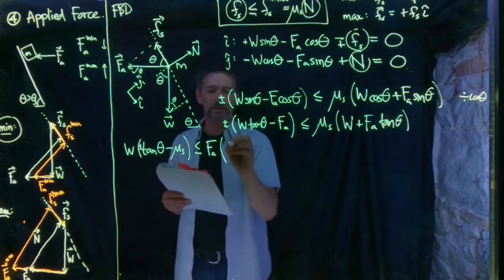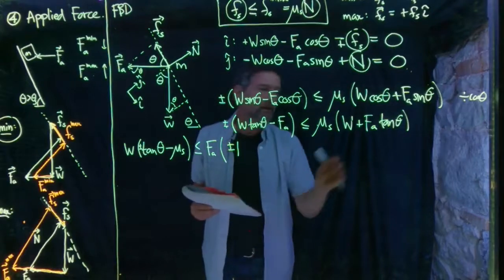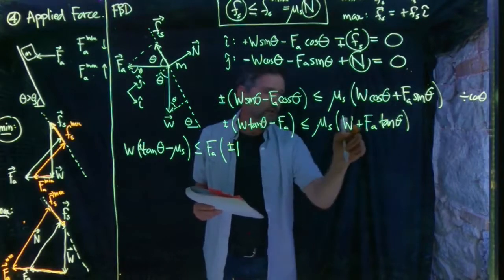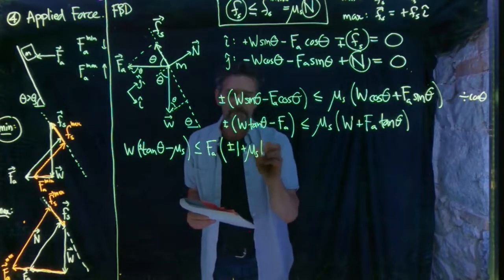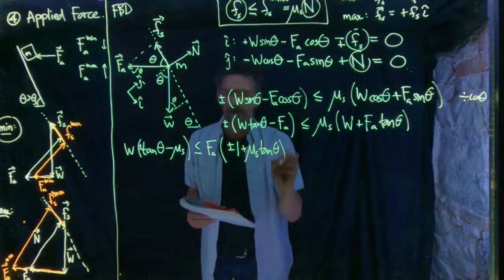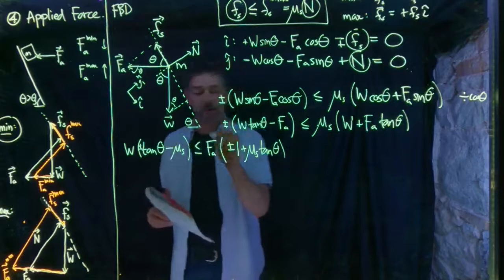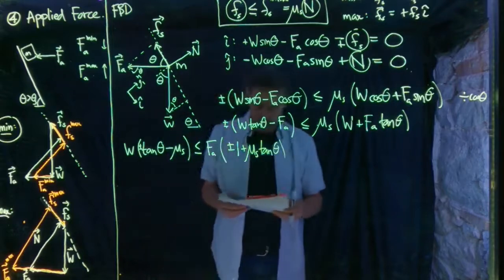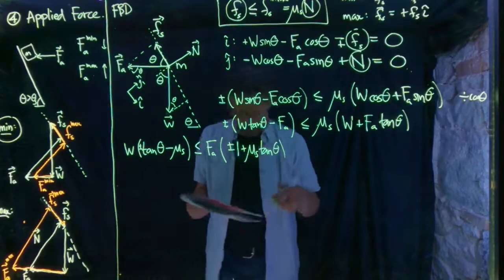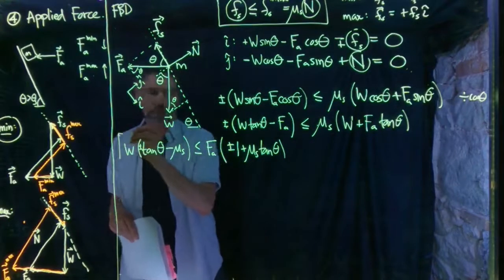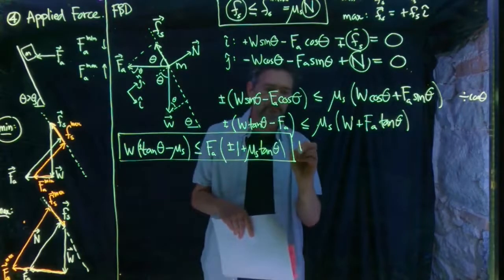So it'll just be plus minus 1 times FA, and then there's an FA on this side, which is positive mu s tan theta. So it looks like that. At the end of the day, what we're looking for is solving for FA. Actually, let's leave it in this form for now. So that's our main equation here.